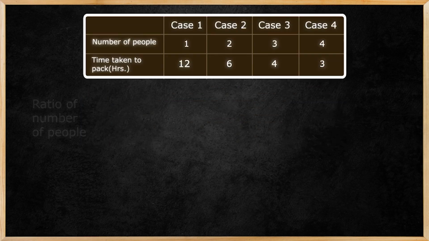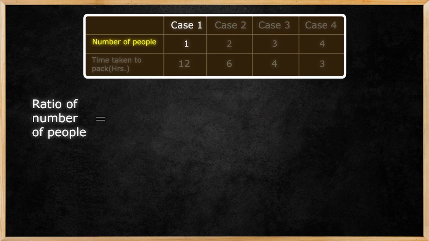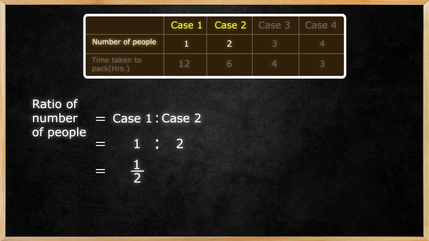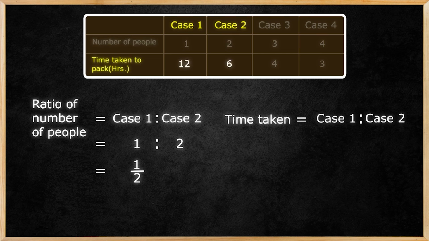If we take the ratio of the number of people in the first and the second cases, we get 1:2, which can also be written as 1/2. Similarly, if we take the ratio of the time taken from both cases, we will have 12:6, which can also be written as 12/6. And on simplification, we get 2/1 or simply 2.